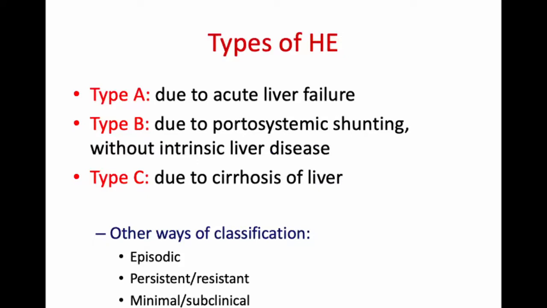So there are three types of hepatic encephalopathy, A, B, C. A is due to acute liver failure. Now, this is the example I told you earlier where there is no shunting and the liver suddenly shuts down due to acute disease, like severe acute hepatitis. You might remember I told you a story the day before yesterday about that young girl from Vallavaya who came with acute hepatic encephalopathy.